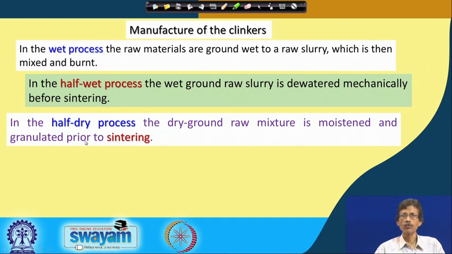Then half dry, not fully dry. In the half dry process, the dry ground raw mixture is moistened and granulated prior to sintering. So before sintering, you can have different processes.